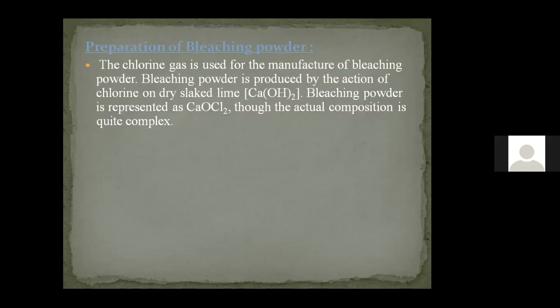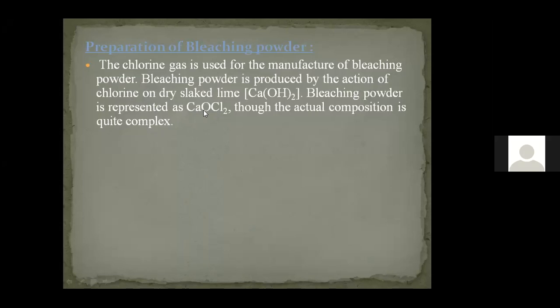So how will it be prepared? It can be prepared by the action of chlorine gas on dry slaked lime. Dry slaked lime means calcium hydroxide. So the slaked lime, calcium hydroxide, reacts with chlorine and we get bleaching powder, which is represented as calcium oxychloride.